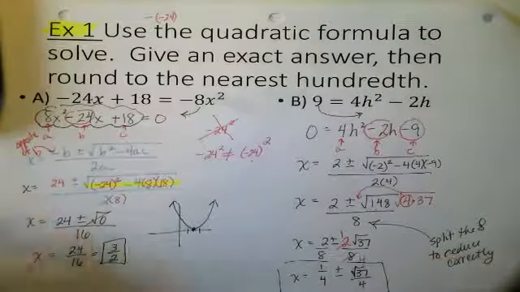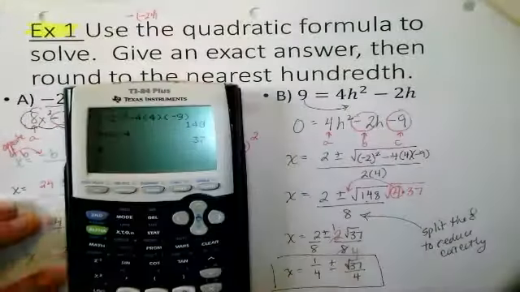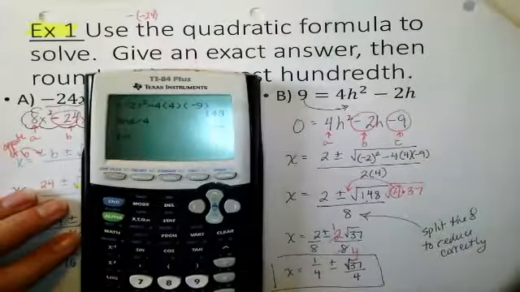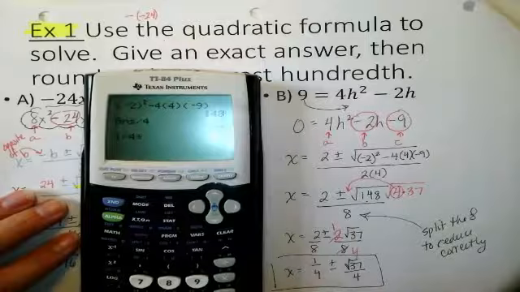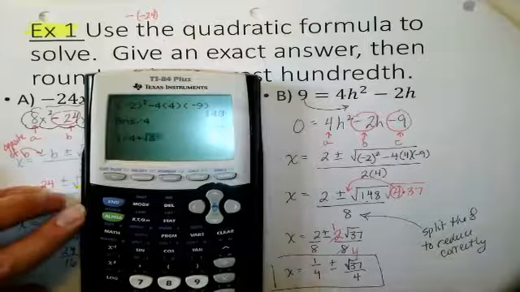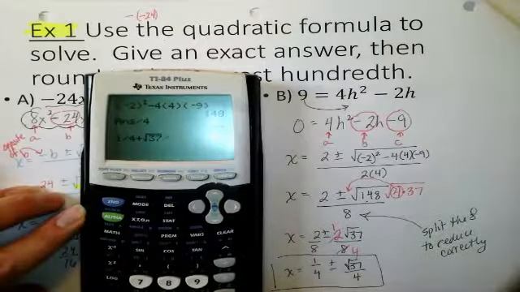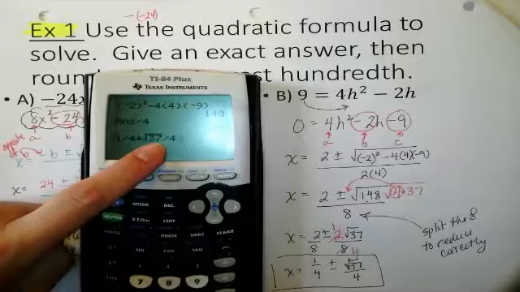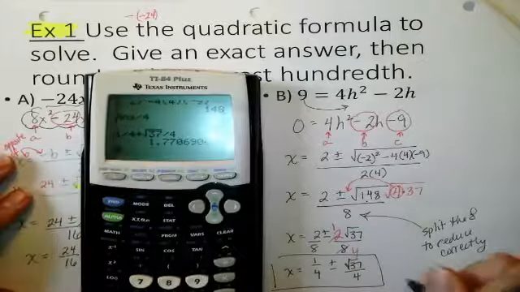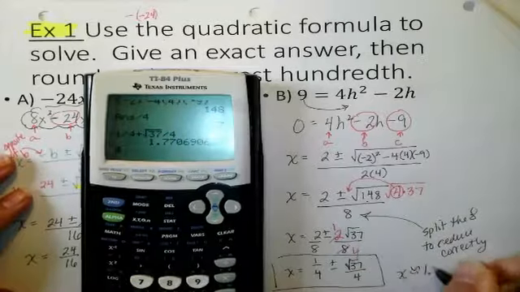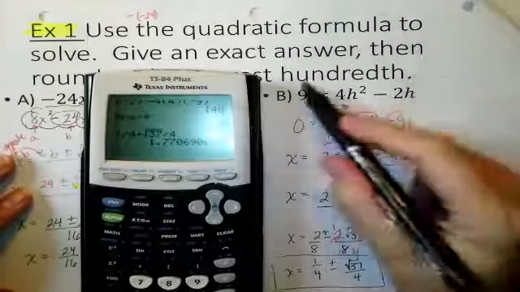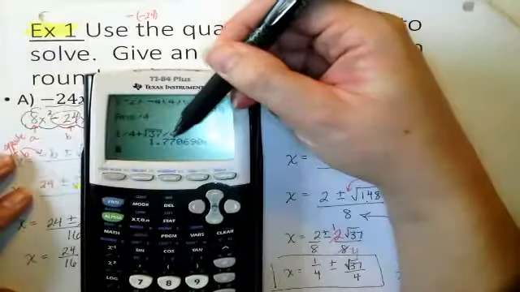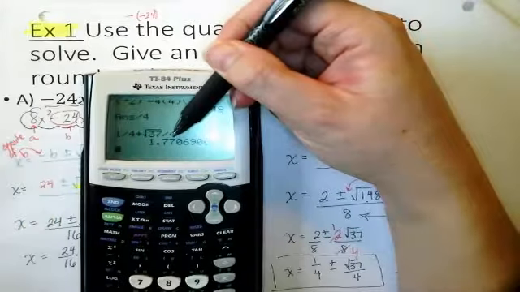But I also asked you to put it in decimal form. So in the decimal, we're going to have 2 answers. I'm going to type in my calculator 1/4 plus radical 37 divided by 4. You'll notice that divide by 4 is not under the radical. Be very, very careful. And so I get x is approximately 1.77. It did say to round to the hundredths, which is that second 7 there.